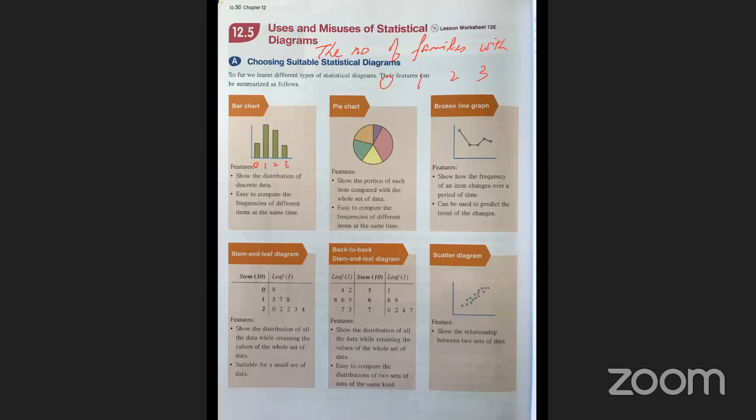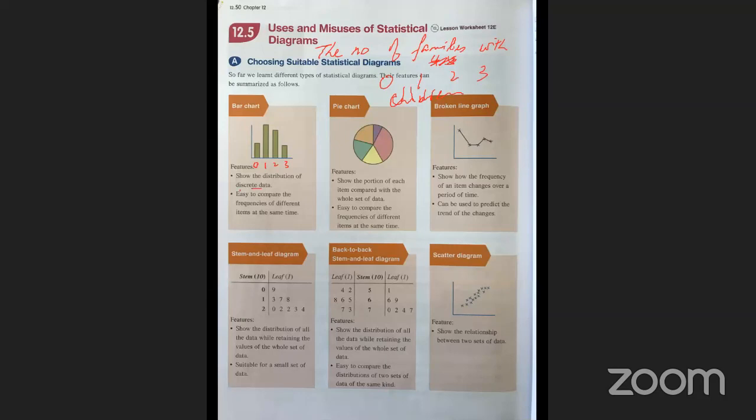It means I am talking about the number of children. Either the family has no children or has 1, 2, or 3 children, and we cannot have 4.5 children. Therefore, we can only have data in this way, 0, 1, 2, 3. This is discrete data.